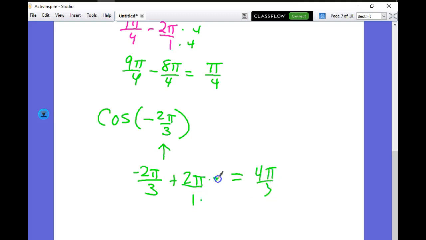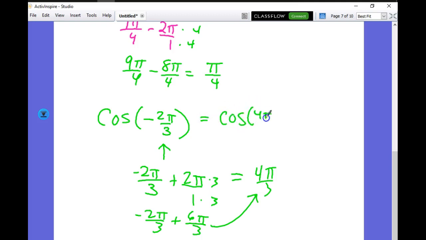We're going to multiply the top and the bottom by 3. 6 take away 2 is 4. So we have 4 pi over 3. So cosine of negative 2 pi over 3 is the same thing as cosine of 4 pi over 3. Cosine is x, and the x value there is negative 1/2. Okay? All right, that does it.